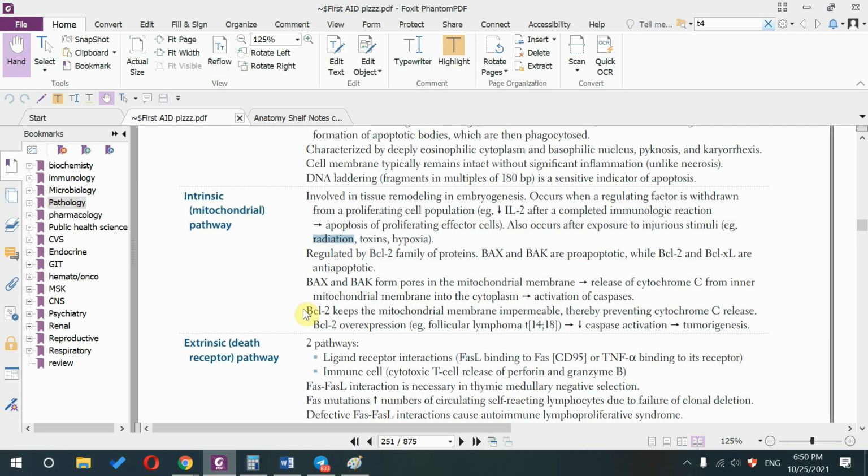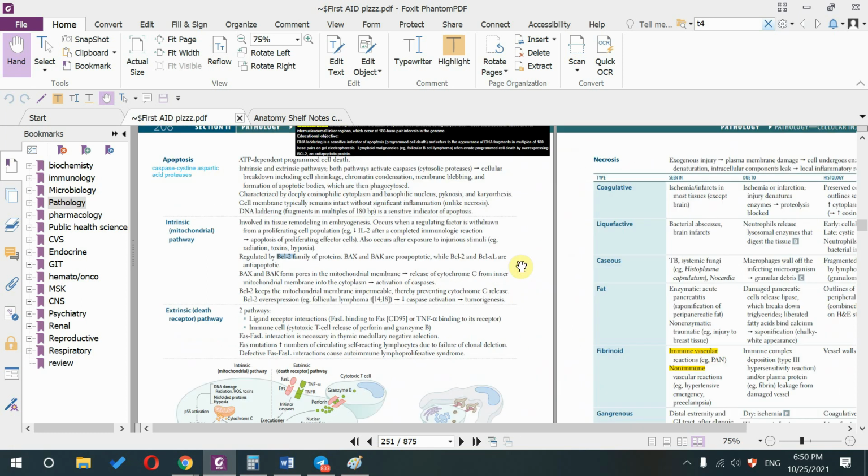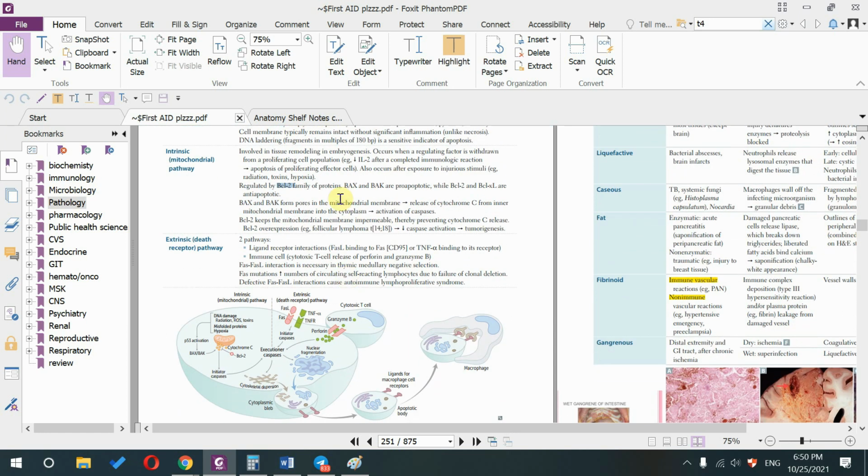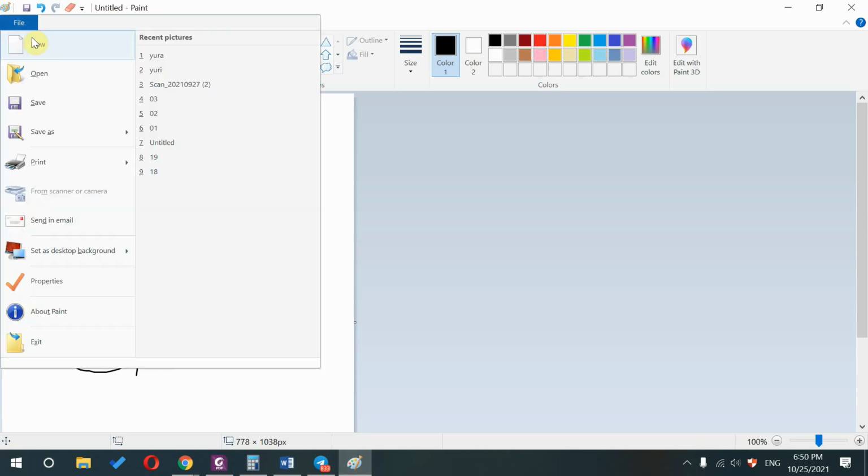Okay, so it is regulated by the BCL2 family of proteins. When I tell anybody about the BCL2, they always get confused. So to make it simple for you, we said the intrinsic pathway is related to what? Mitochondrial pathway, they say. If I name it the mitochondrial pathway, it has to have some relationship to the mitochondria, obviously.